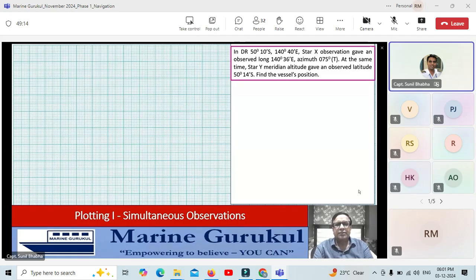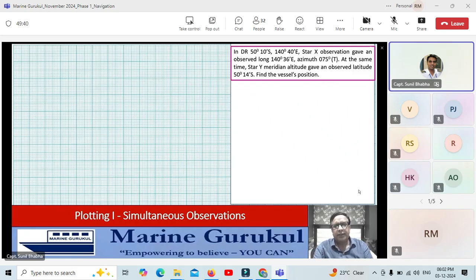As far as star Y is concerned, it's a meridian altitude observation. So the PL shall be drawn through observed lat and DR long, perpendicular to azimuth, but in this case of meridian altitude, the PL shall be specifically east-west, and hence it will coincide with the parallel of latitude of the observed lat.